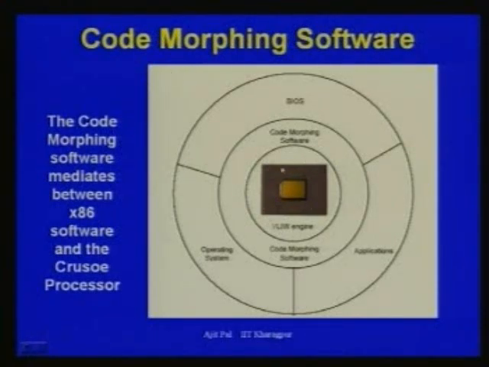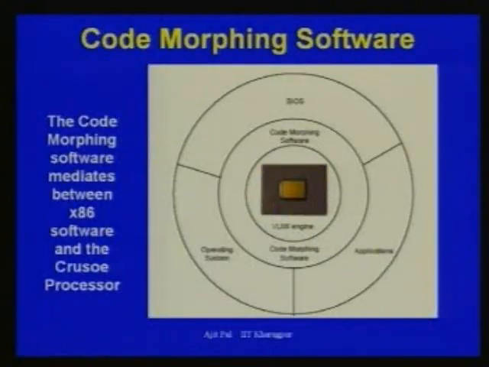And let us see the basic scheme of that Transmeta's Crusoe processor. Here is your VLIW processor, and here at the outside those applications, operating system, BIOS, these are all Intel x86 instructions, which are essentially serial instructions, and those instructions are compiled with the help of a software known as code morphing software.